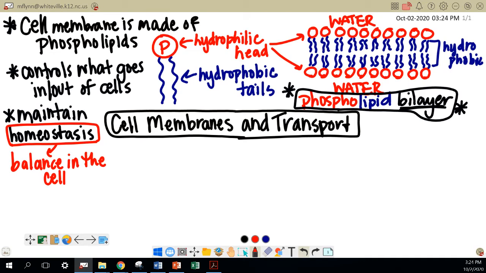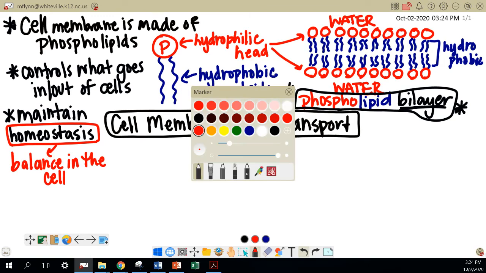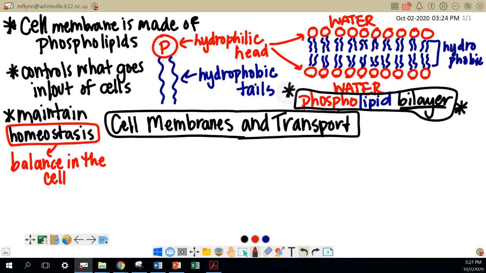Okay. And I will make a note here. So hydrophilic is water loving. So we have the water loving heads, and then we have the water, it means fearing, water fearing tails.